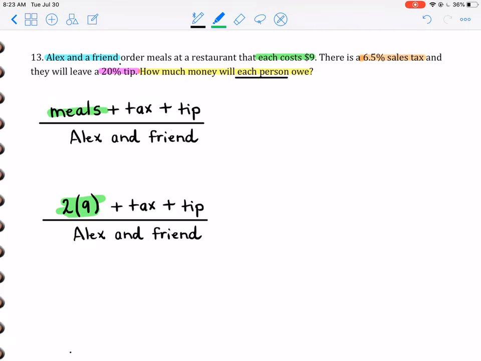Okay, the tax I'm going to have to work for because I have to apply that tax to the bill total. Now, there is some debate about whether or not you count tax before or after the tip. I personally always pay the tip on the untaxed amount because usually I don't know the exact amount with tax.